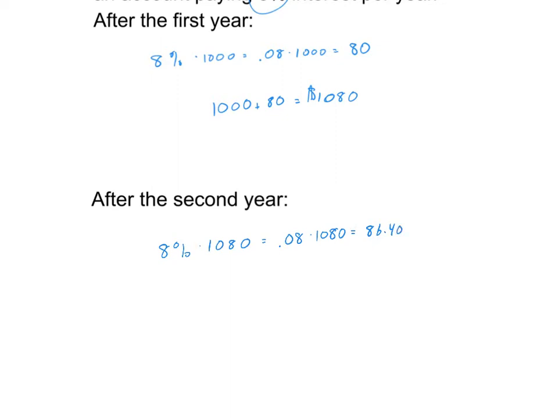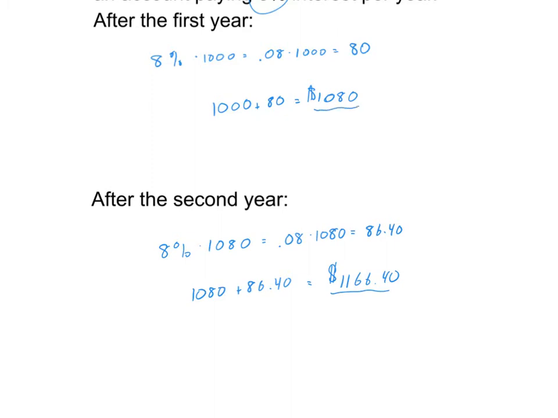We made a little bit more interest because we had a little bit more money in this account. We'll take our 1,080 that we started the year with, add 86.40, and that is equal to $1,166.40. So that's what we have at the end of the first 2 years.